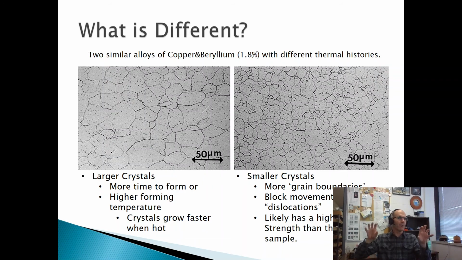And earlier when we were talking about thermal energy, we talked about the nature of heat being the vibration of atoms. Now if you think about atoms vibrating around at room temperature, they're kind of bouncing back and forth. As you start to heat them up, not only do they start to move faster, but they start to move further.